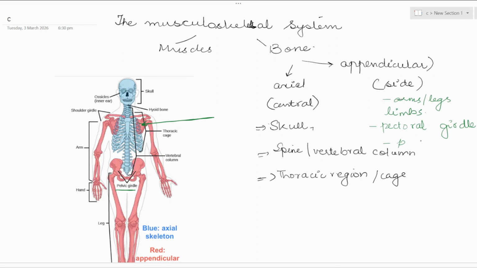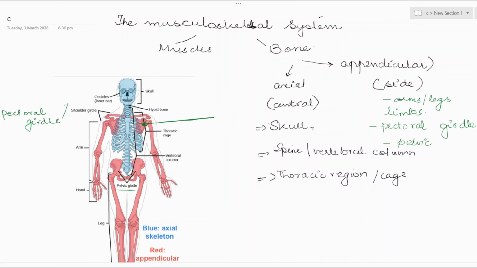Pelvic girdle, pectoral girdle, and limbs. The pectoral girdle is the chest one, your shoulder and chest. It's written as shoulder girdle, but scientifically we call it the pectoral girdle.